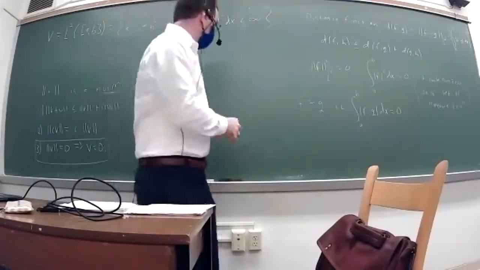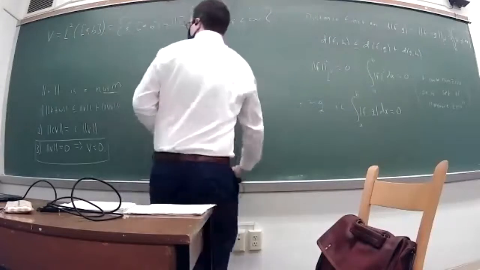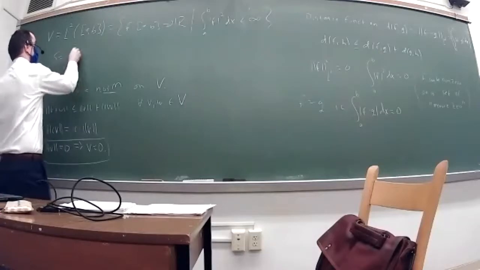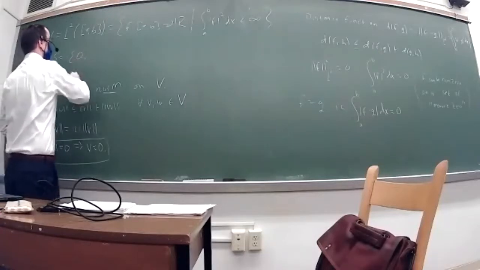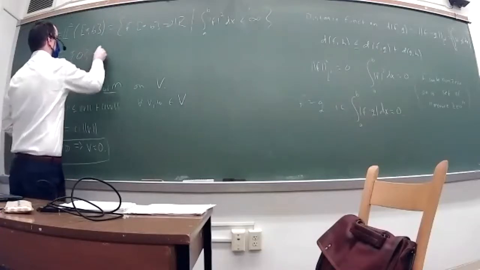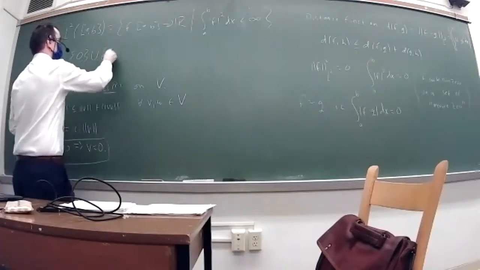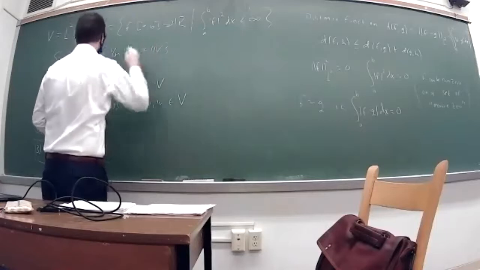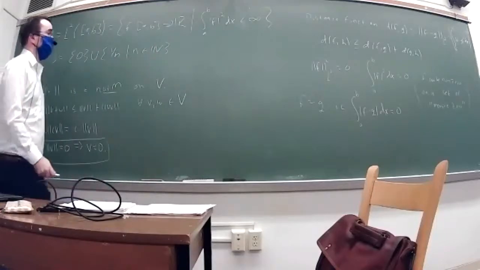So for instance, if I look at S equals 0 unioned with 1 over n, then this is a set of measure 0.